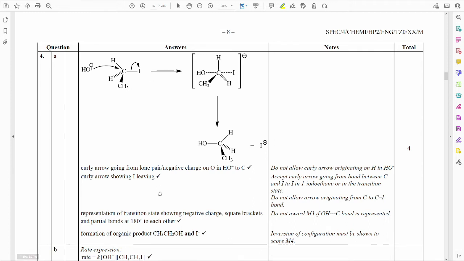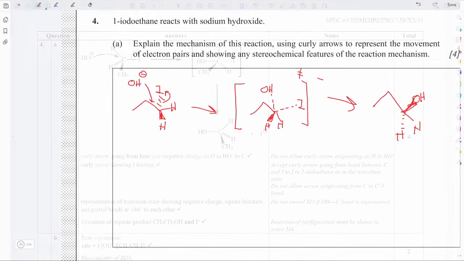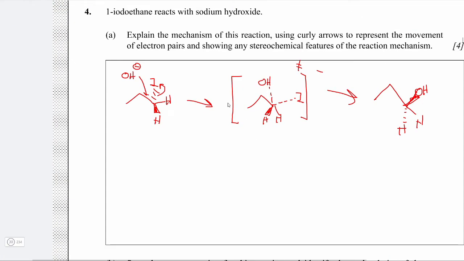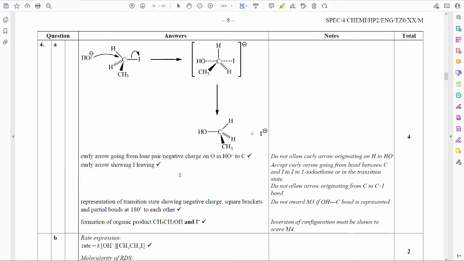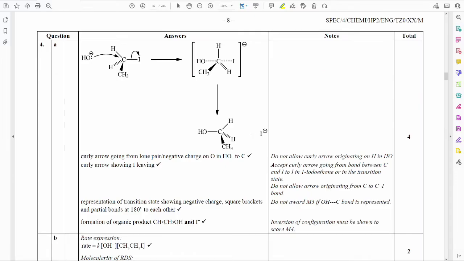And that's all you need for 4 marks. Oh wait, it actually does say 180 degrees for the partial bonds, so yeah, my drawing is kind of trash. So you should draw the hydroxide attacking from here, which does make more sense. It's just that I drew it really badly. So yeah, just make sure to know how to draw these kinds of things, I guess.